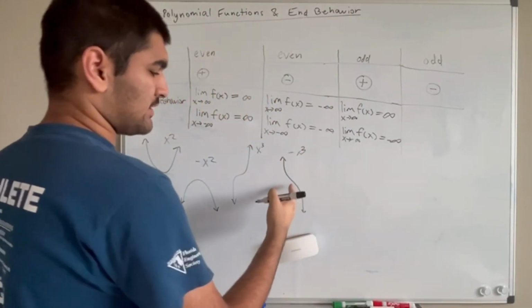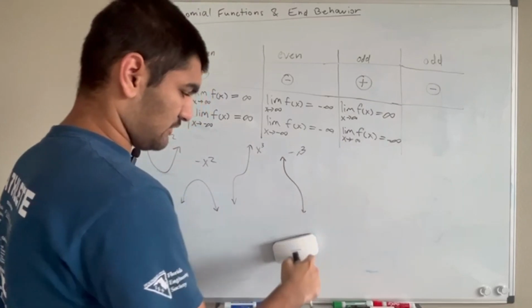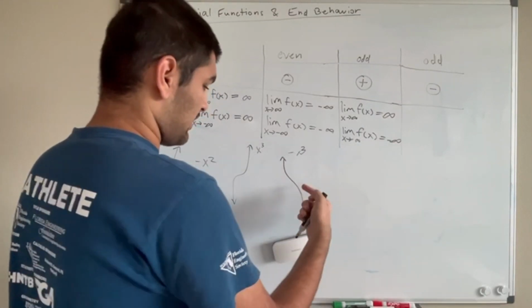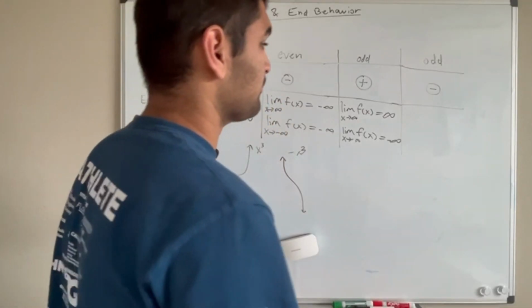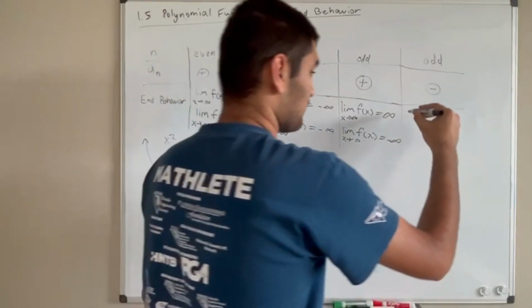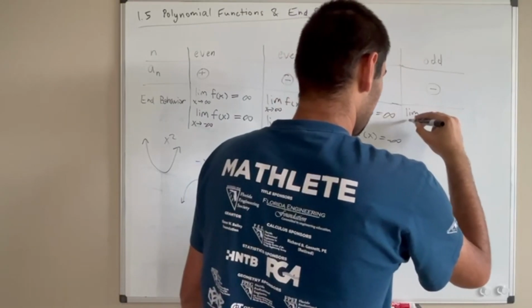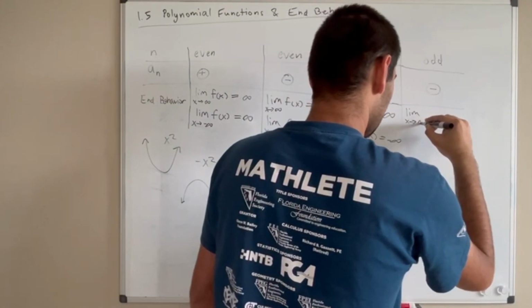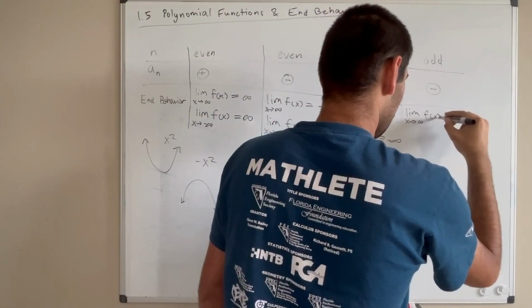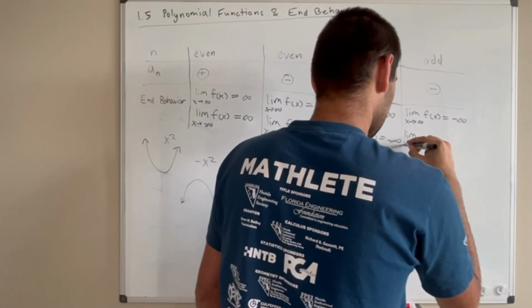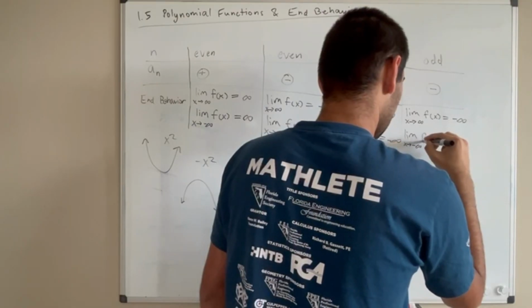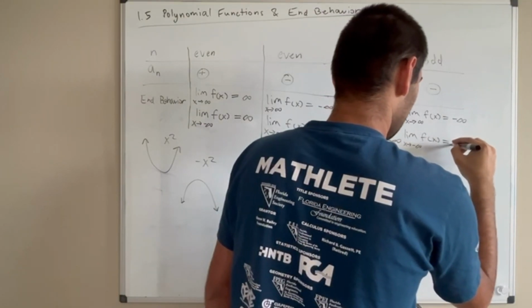And now notice that as x goes to positive infinity, f of x goes to negative infinity, and as x goes to negative infinity, f of x goes to positive infinity. So the end behavior for this one would be the limit as x goes to infinity of f of x equals negative infinity, and the limit as x goes to negative infinity of f of x equals positive infinity.